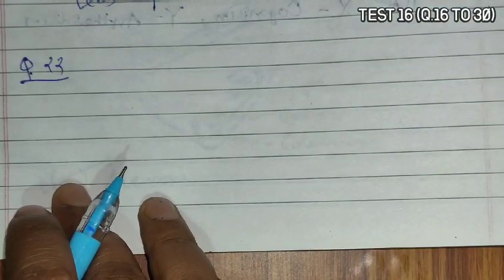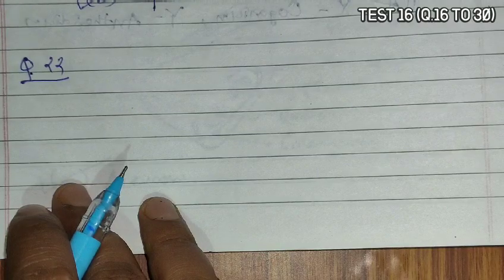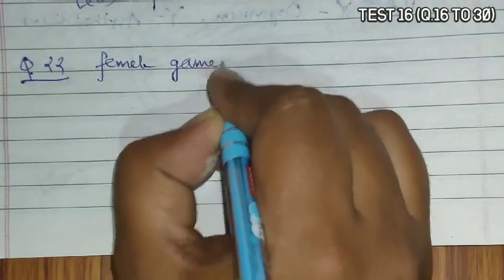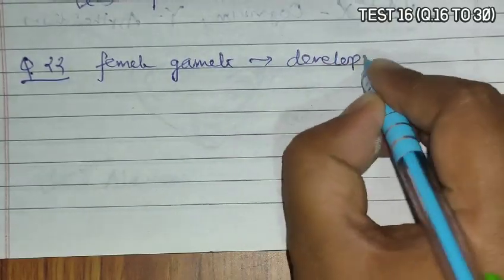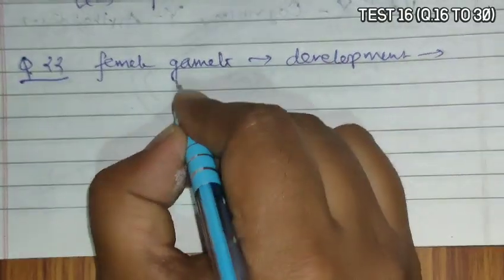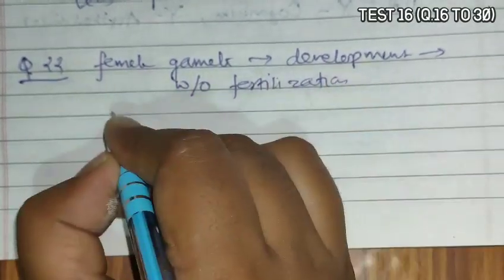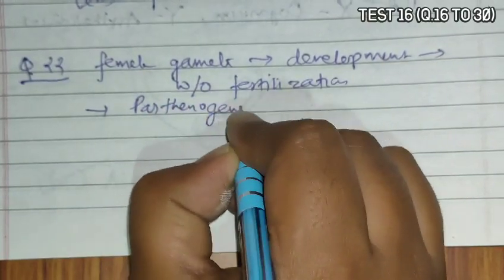Next is question 22. Question 22 asks that in some organisms like A, B, C and D, the female gamete undergoes development to form a new organism without fertilization. When the female gamete undergoes development without fertilization, this phenomenon is known as parthenogenesis.